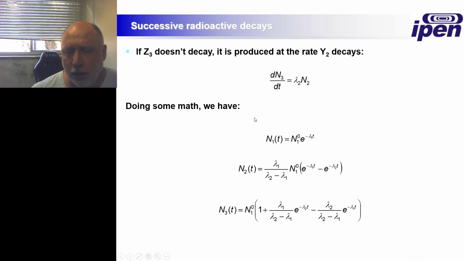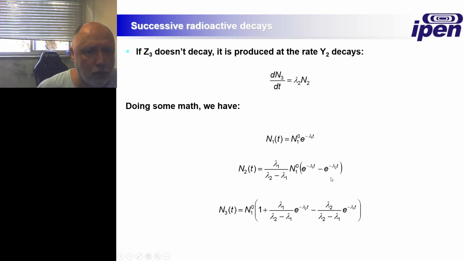The first one is the same thing we had for a simple decay, because it's not really bothering if the daughter is radioactive or not. The third one, let's leave it there, but the really interesting thing happens on the second one. Because now we have one term that has to do with the decay of the father.